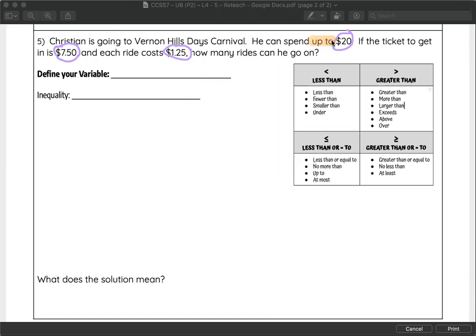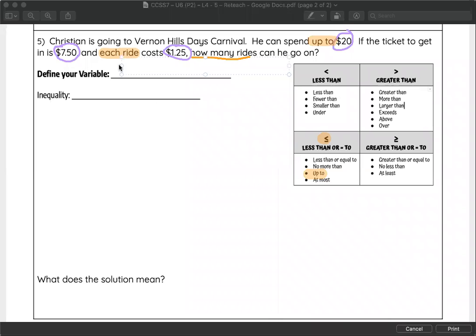So he can spend up to $20. I see up to, and for whatever reason, the trend was less than or equal for all of these. If the ticket to get in is $7.50, and each ride costs $1.25, how many rides can he go on? So our question, how many rides?